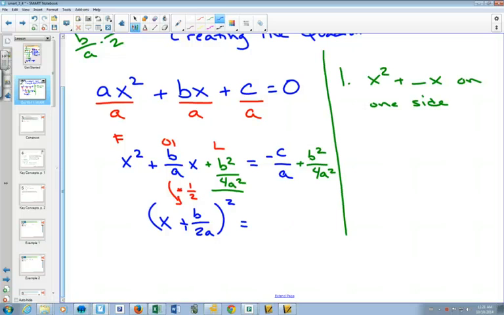How do you add fractions? Need a common denominator. What's the common denominator between a and 4a squared? 4a. So I would need to multiply the top and bottom of this by 4a to get 4a squared. Can you see then I would get minus 4ac plus b squared over 4a squared.